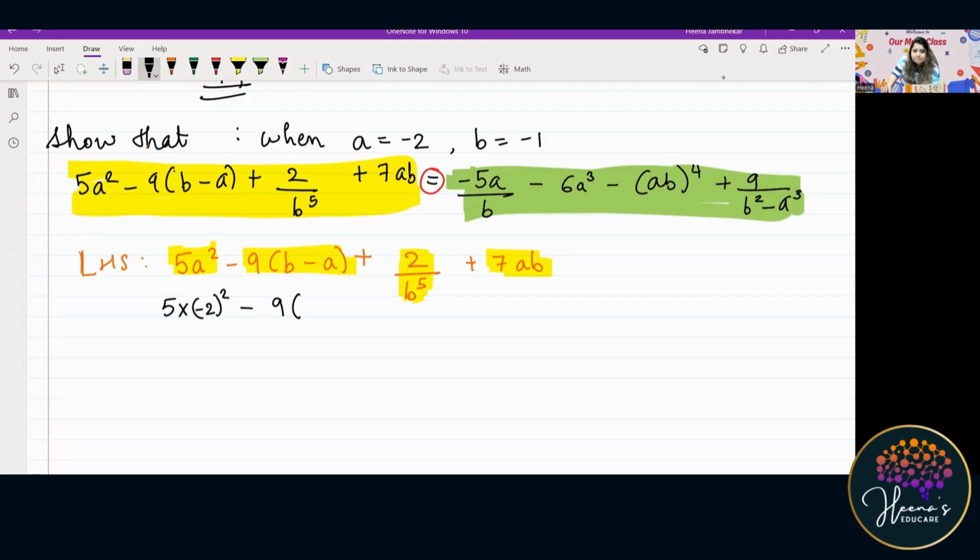What is b? Minus 1 minus a, which is minus 2. Plus 2 upon minus 1 raised to 5 plus 7 into a. What is a for us? Minus 2. What is b? Minus 1.